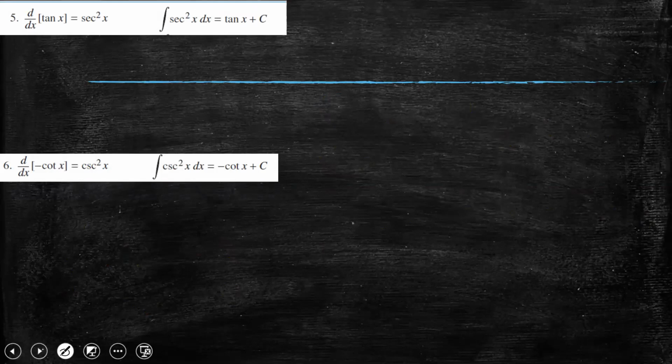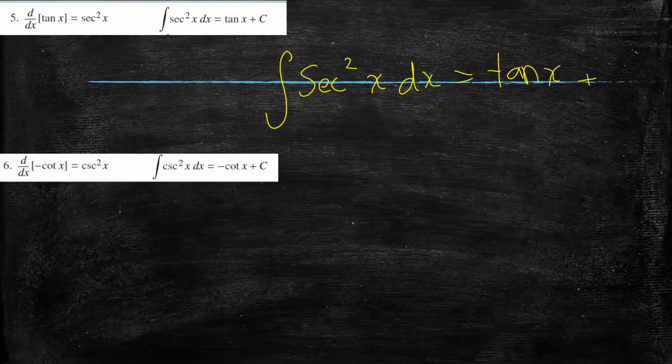Now, let's talk about tan. The integration of secant square is tan. Not secant only, secant square. So the integration of secant square x dx is tan x plus c.